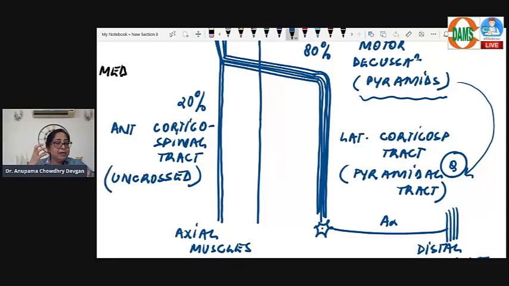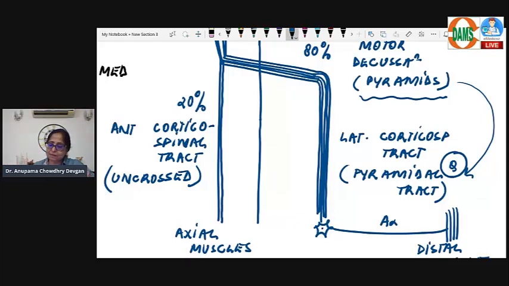If you remember the diagram of the medulla, pyramid is sort of a bulge which is seen on the anterior surface of the medulla. That is what is known as pyramids. It's a bulge which is visible. All diagrams show that bulge. That is your pyramids. Okay?